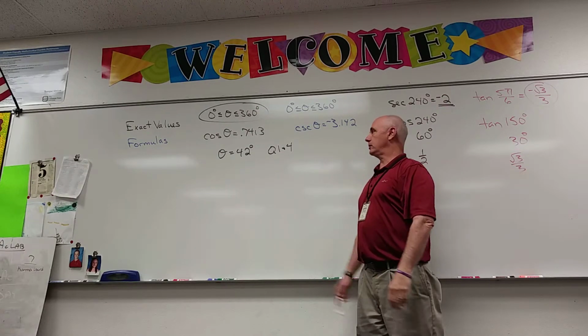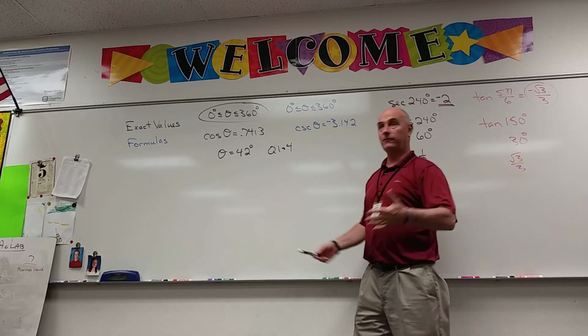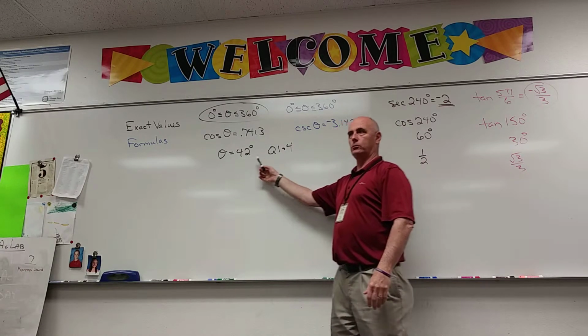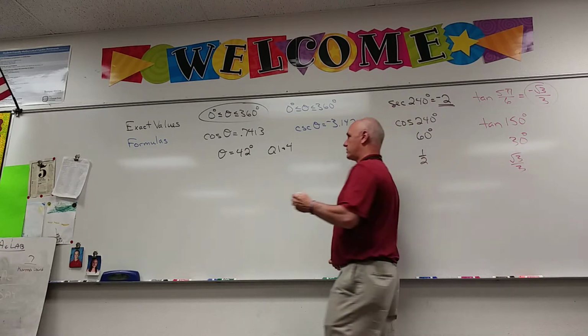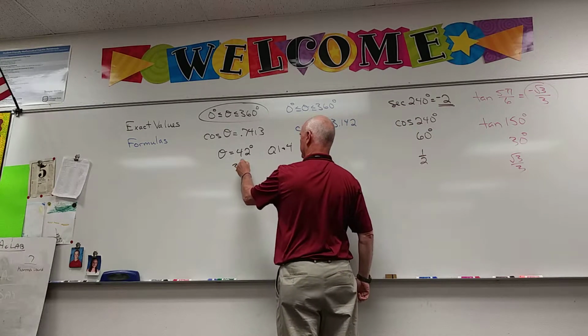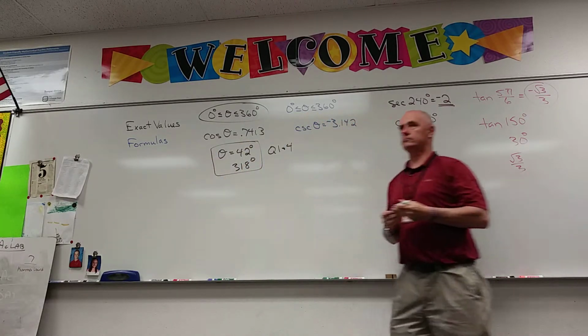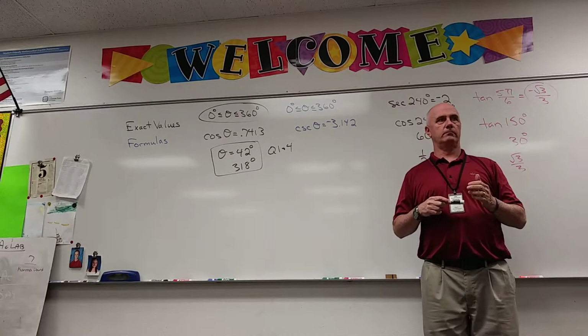What is the angle in quadrant 1? 42 degrees. They're giving us the reference angle, they're also giving us the quadrant 1 angle. What do we have to do to get the quadrant 4 angle? Subtract from 360, which gives us 318 degrees. Okie dokie?